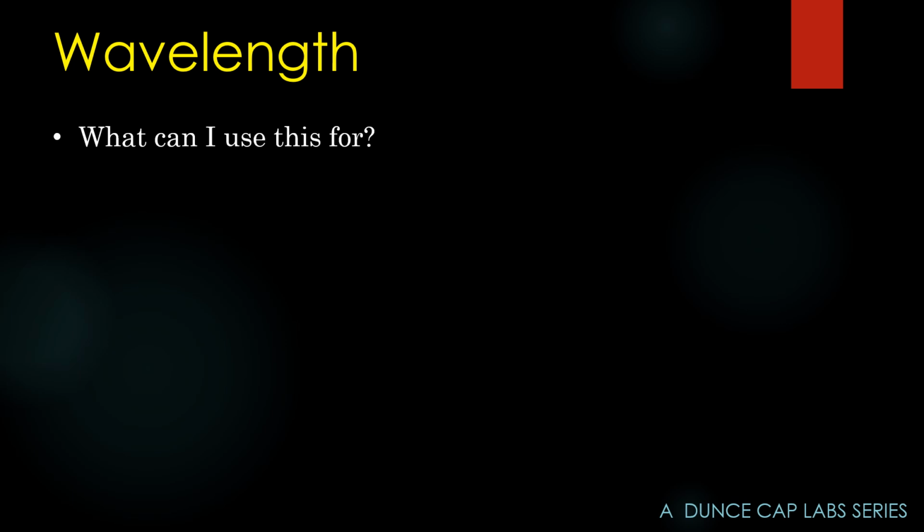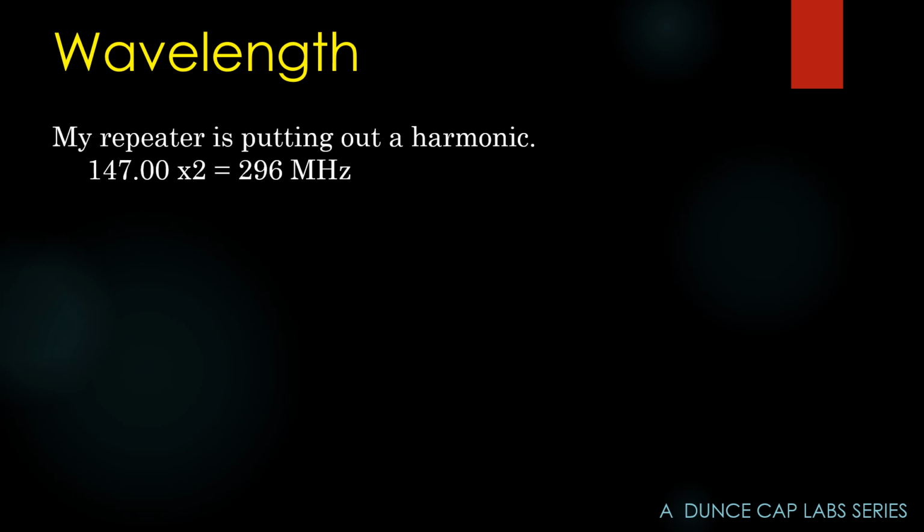But why would you care about the wavelength in coax? Well, generally speaking, we don't care. It does not matter. The amount of delay in a piece of coax cable means nothing to us. But once in a while, you'll run into something where this can actually be helpful. Say, for instance, my 2-meter repeater is producing a lot of second harmonic, and I don't know what to do about it.